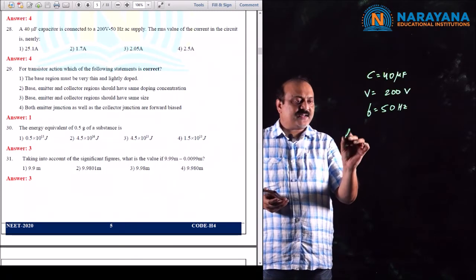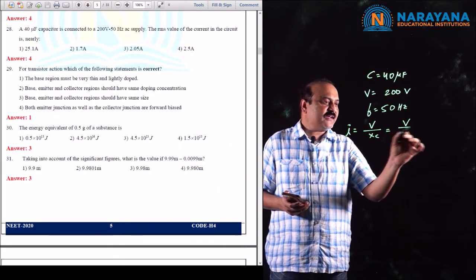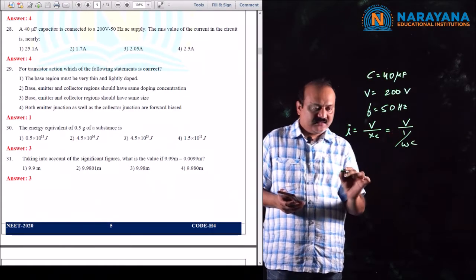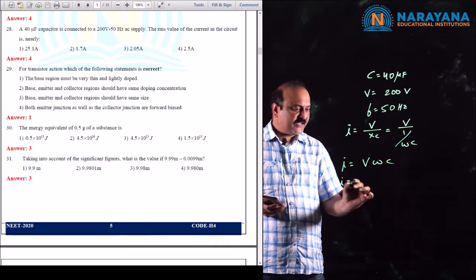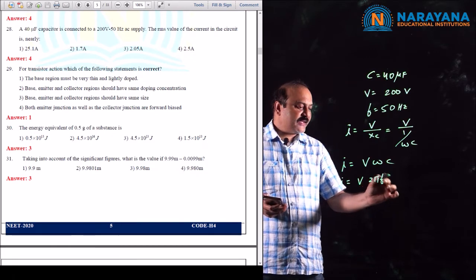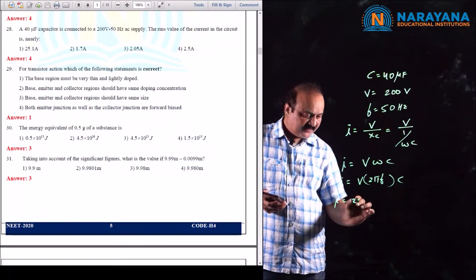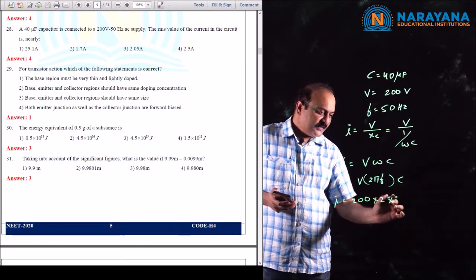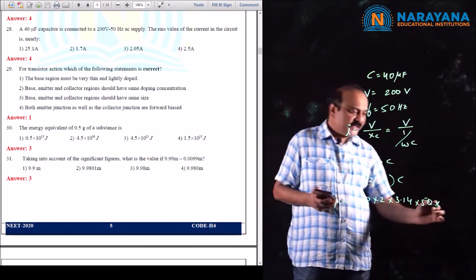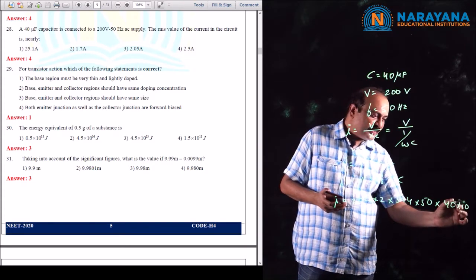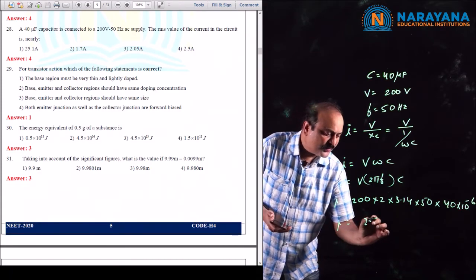So, RMS value of current I is equal to V by Xc, that is equal to V by 1 by omega C. Then I is equal to V omega C. Therefore, current I is equal to V into 2 pi f into C. So here I is equal to V, given as 200, into 2 into 3.14 into 50, and C is nothing but 40 microfarads, that is 40 into 10 to the power of minus 6. From this we get current I as 2.5 amperes.